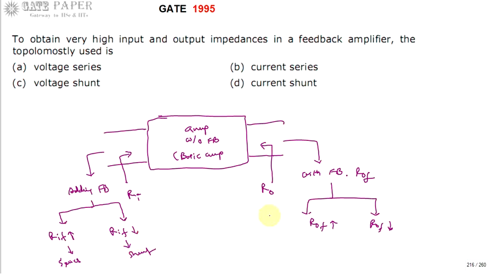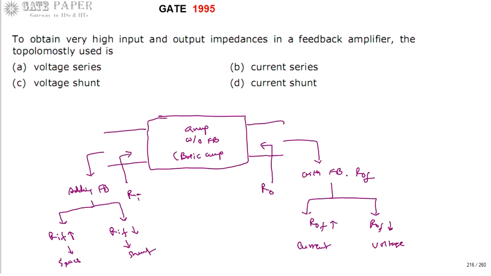Similarly, on the output side, we use the sampling process to modify the output impedance. If it is current sampling, R0F increases, and if it is voltage sampling, the output impedance reduces.